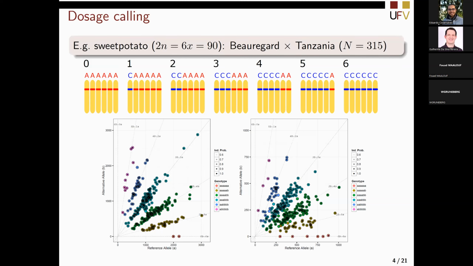So maybe one wasn't at a really high depth, but then the other was, so you can kind of balance that. That would help us with getting more SNPs. But it's something that we are still trying, actually. It's an idea.